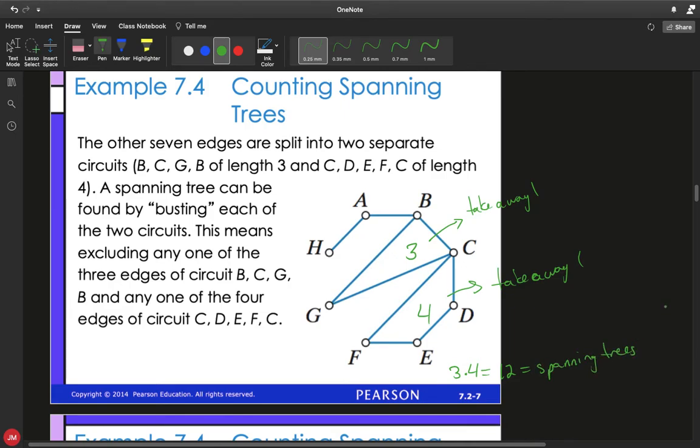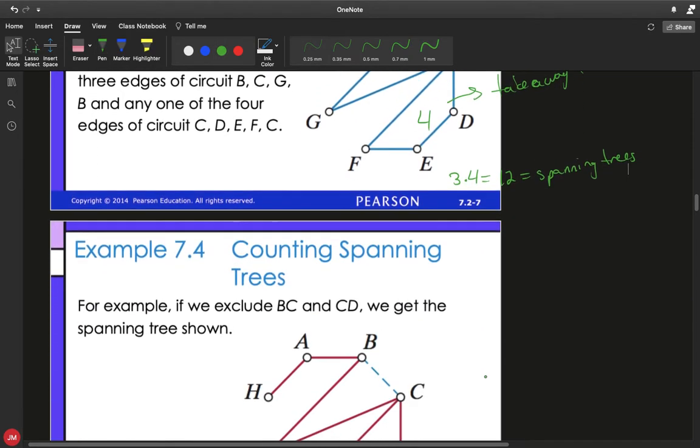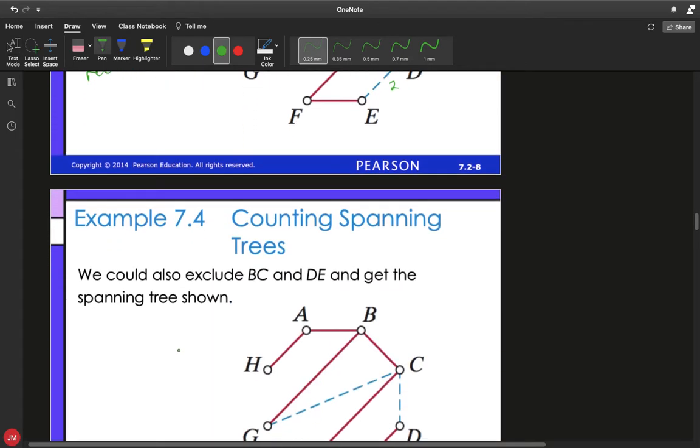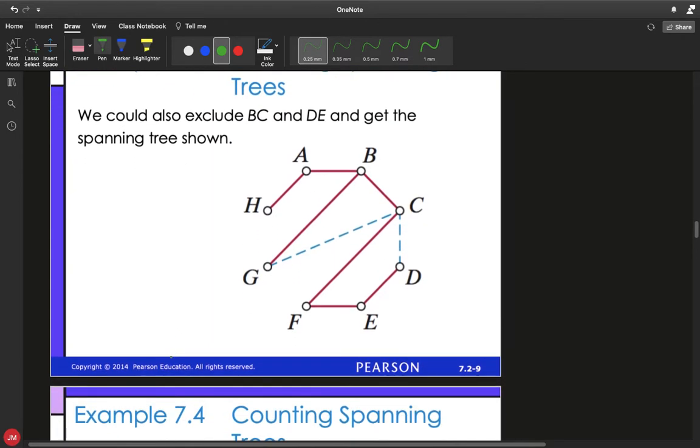In fact, that's what it's going to talk to us about on the next couple of slides. So if we were to get rid of BC and get rid of ED, that would be getting rid of 2 edges. Now, with getting rid of those, our redundancy is now going to be 0. And when our redundancy is 0, that means that we now have a spanning tree. We could have also done it this way.